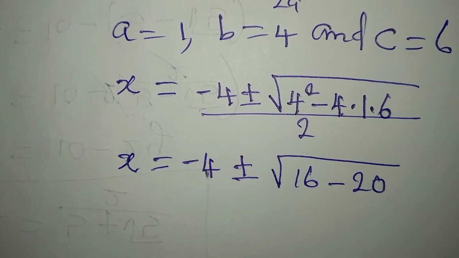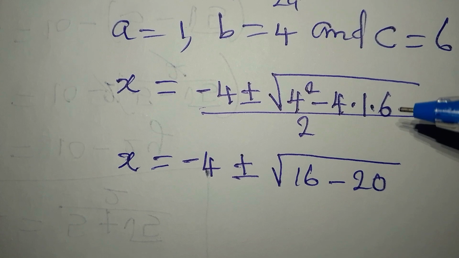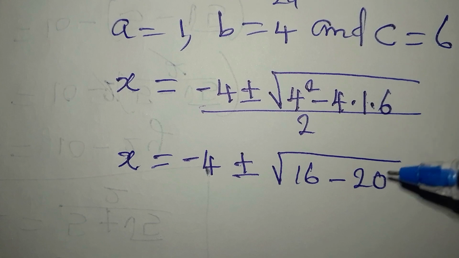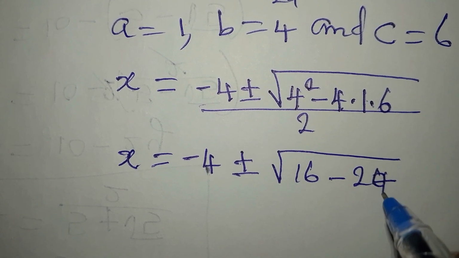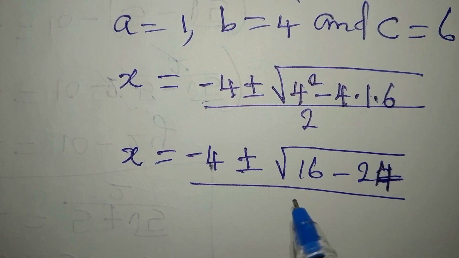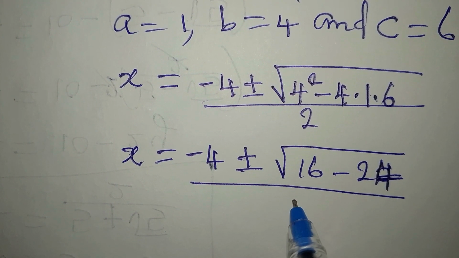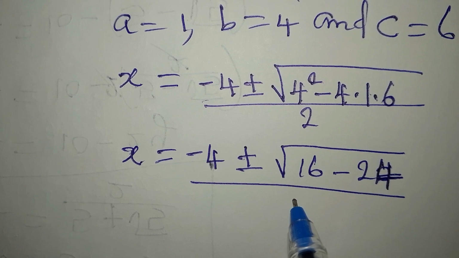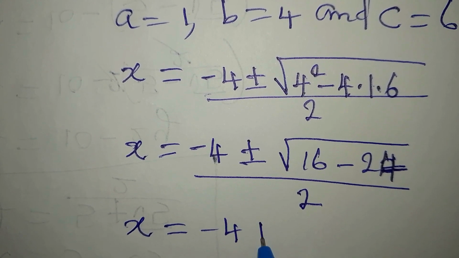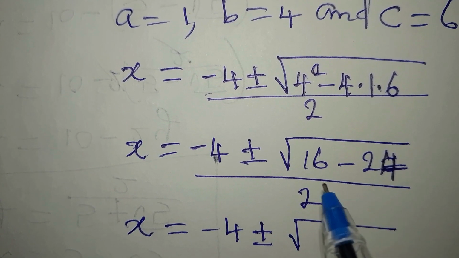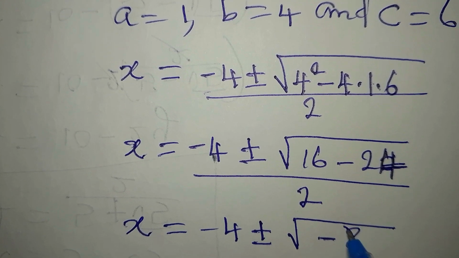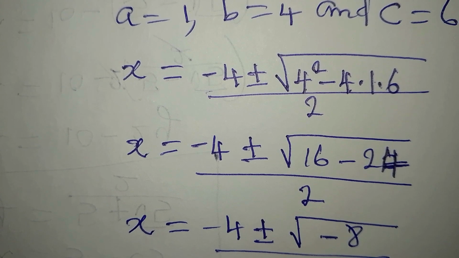How did I get 16 minus 24? 4 squared is 16. 4 times 1 times 6 is 24, not 20. Now we divide all of this by 2. So 16 minus 24 will give us -8. So we divide by 2.